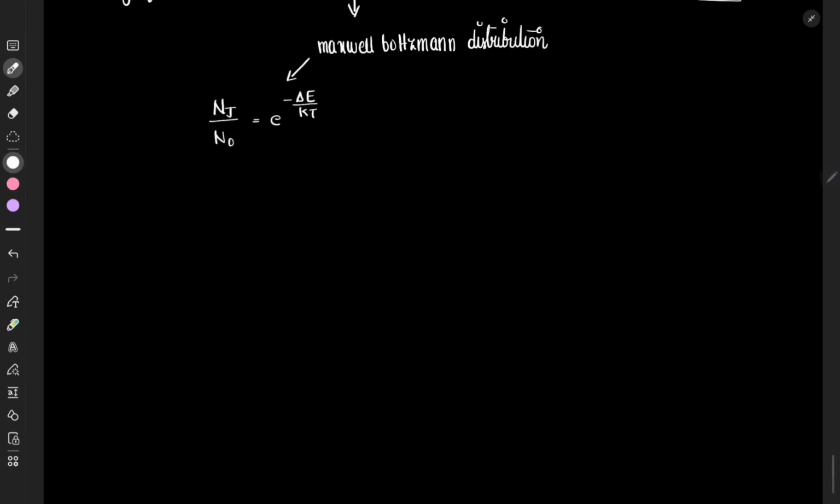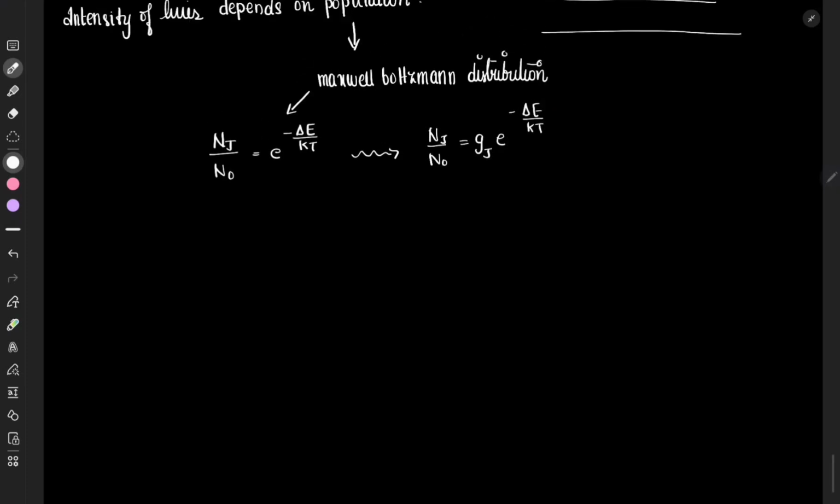If we are taking degenerate states, this equation modifies into Nj divided by N naught is equal to Gj e raised to minus delta E by kT, where Gj is the degeneracy of the jth state.